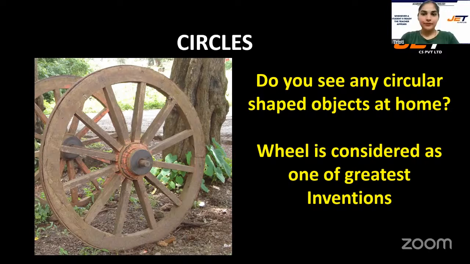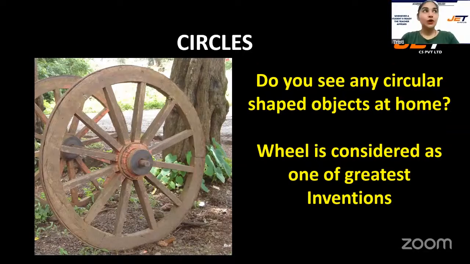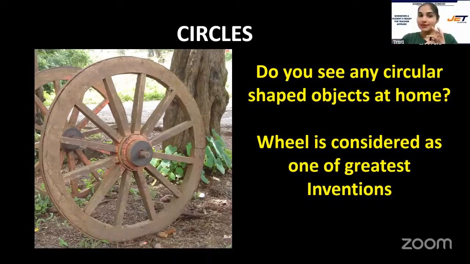Okay. Now, what other objects do you see in circular shape? Bangle, yes. The moon on a full moon night, right? And what else? Look at your surroundings. Your bottle cap, that is also circle in shape. The top of your pencil, circle in shape.